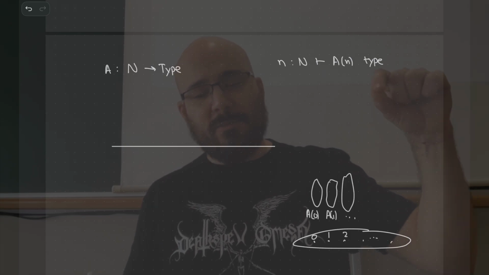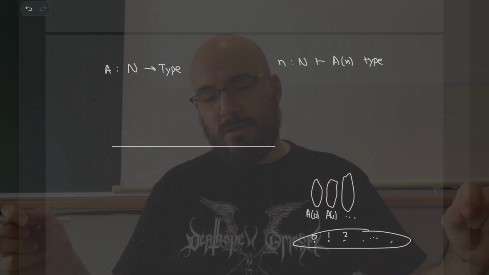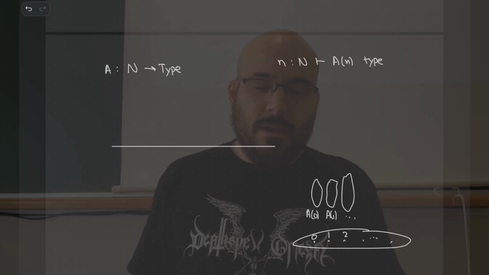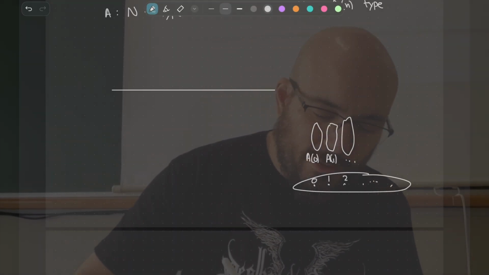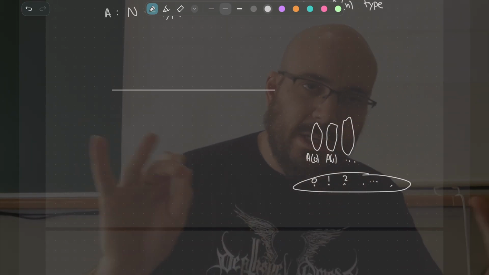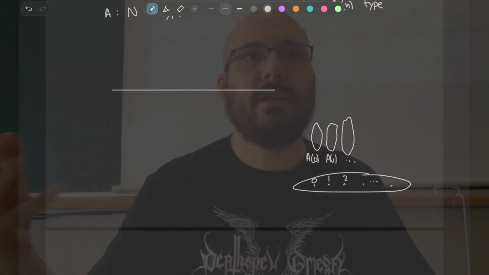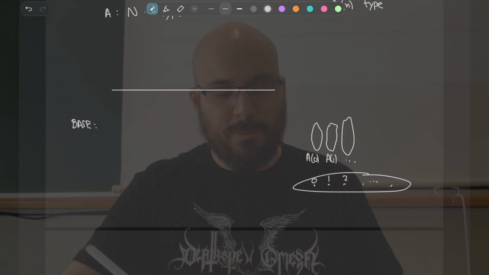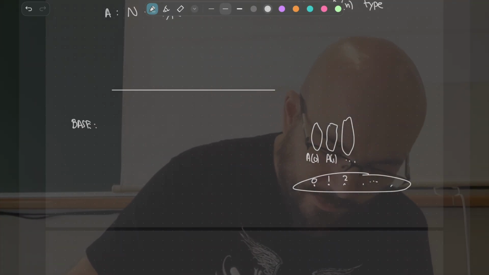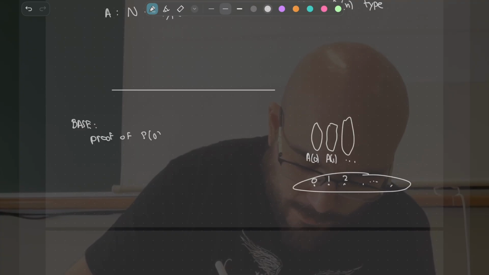So now is the time that recursion will become induction and vice versa. Because if you think of what you're used to doing in induction, you do what? For the natural numbers, but it's the same principle for any inductive type. You say, okay, I will do two things. First of all, I will prove the base, which means that I will give a proof of P of 0.